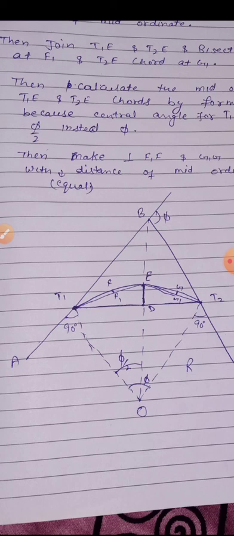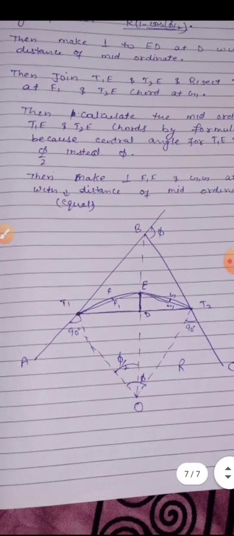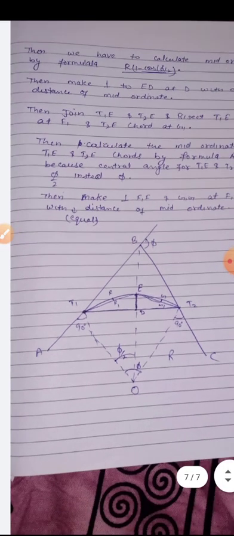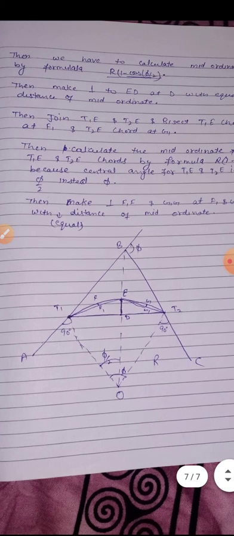Then we have to do similarly the same thing which we repeated previously. We have to calculate the mid ordinate by the formula R times 1 minus cos phi by 2, but here the things are changed. Here the angle is phi, then we use in this formula cos phi by 2.